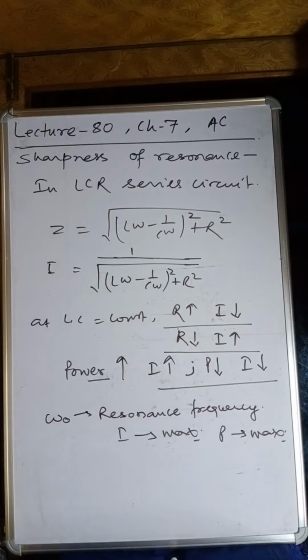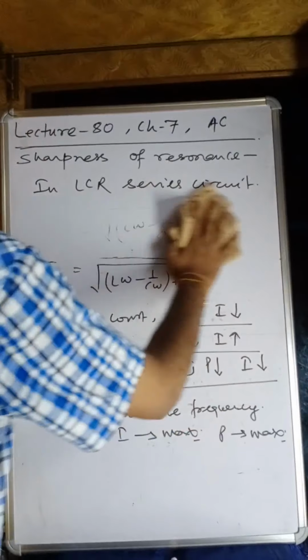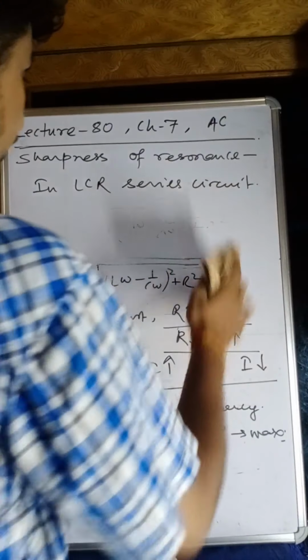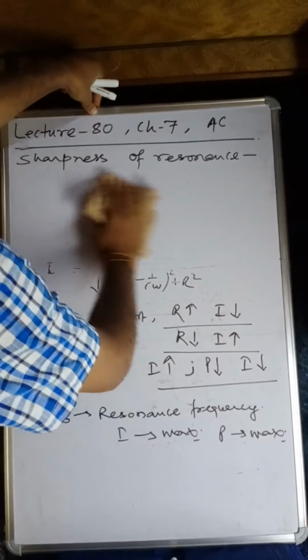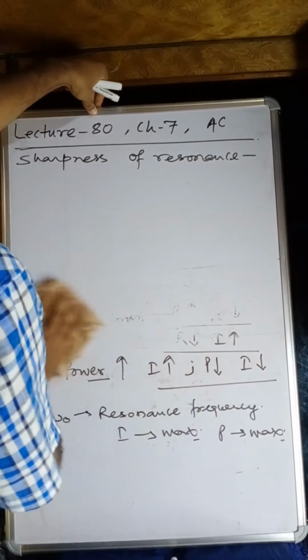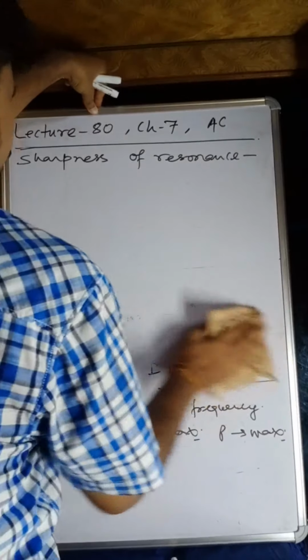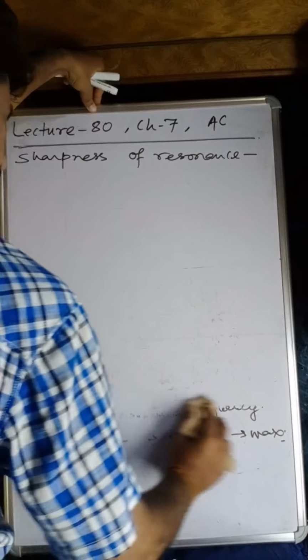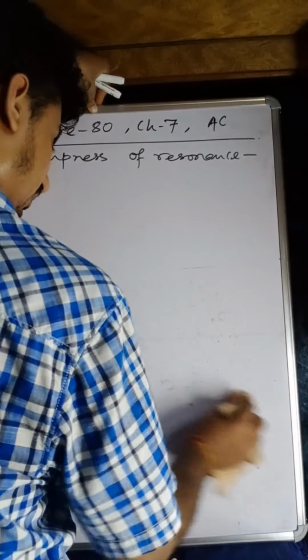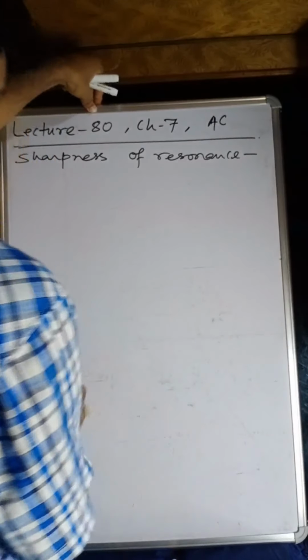Now, if we try to see that graph in the LCR series circuit, remember, if we are talking about the sharpness, we are focused on the LCR series circuit. All the things I have written right now we will use in our explanation. Look at here.